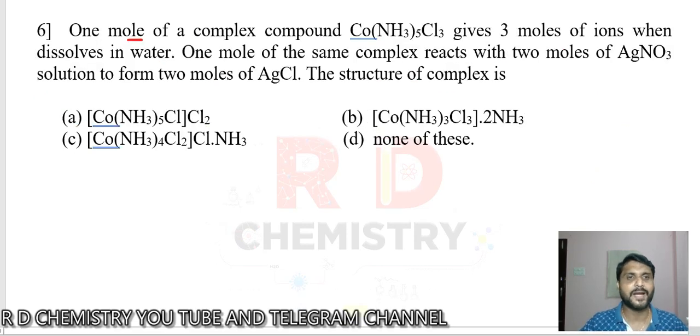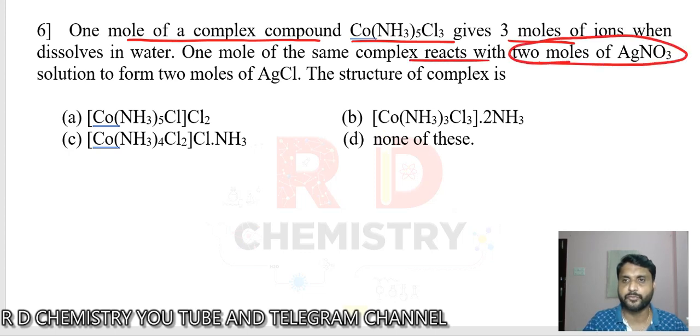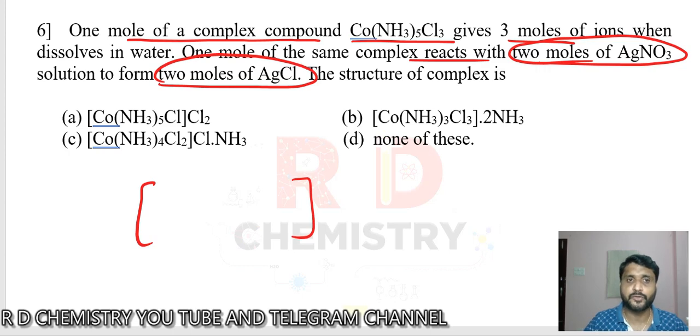Question number 6. For 1 mole of the complex compound Co(NH3)5Cl3, 3 moles of ions are produced. 1 mole of this complex gives 2 moles of silver chloride with silver nitrate. This is very important. Whatever the complex, if it produces 2 moles of silver chloride, then there must be 2 chloride ions outside the coordination sphere.